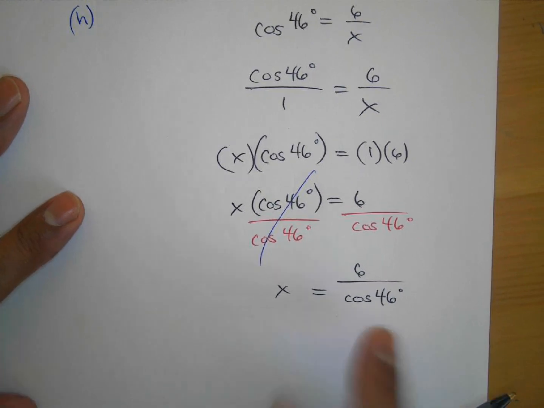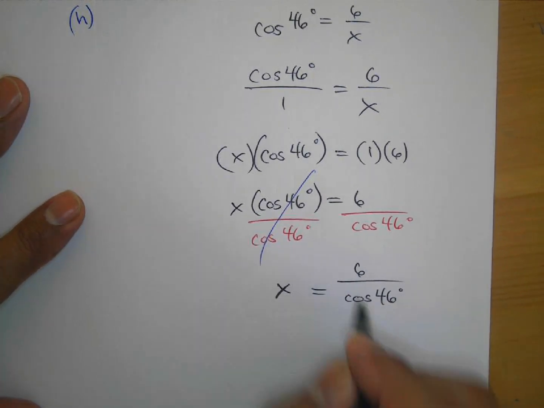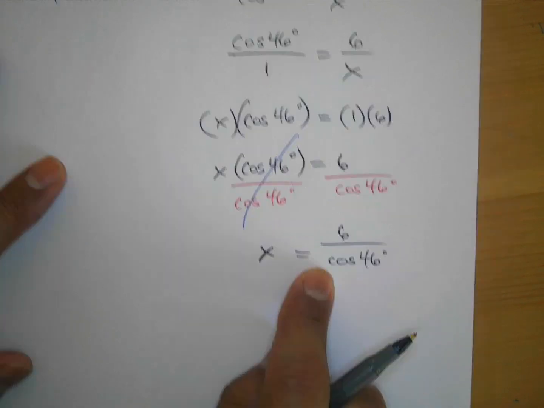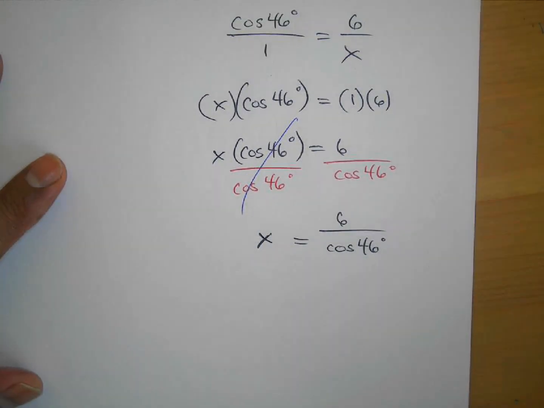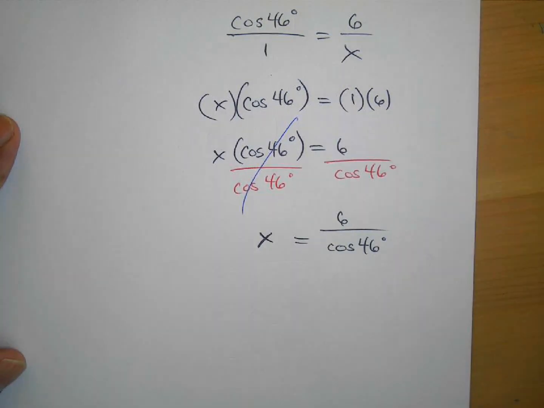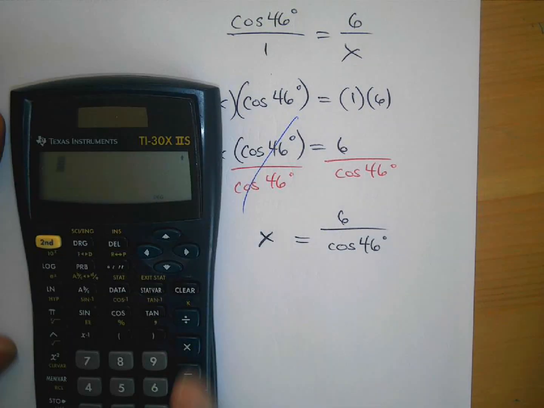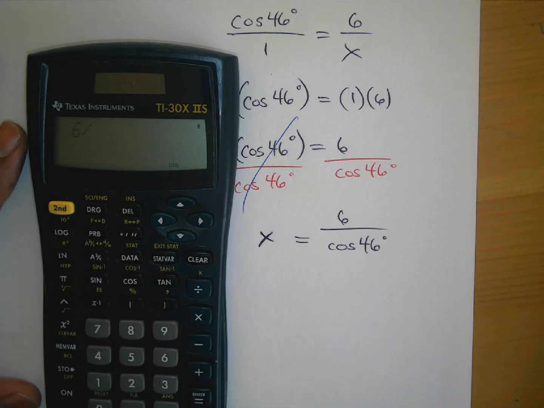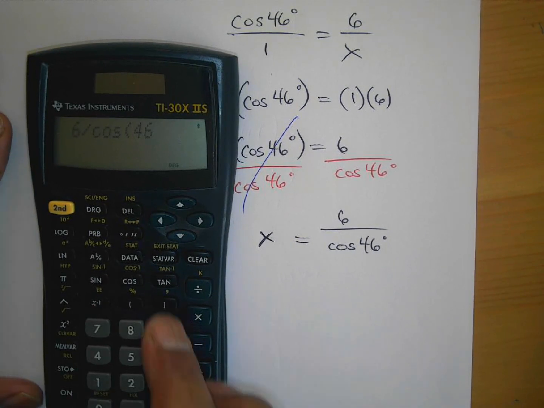And this is what you need to do on the calculator. I would say you try this a couple of times to make sure you're getting that same answer. All right, let's do it here. 6 divided by, and this is the one that you write exactly the way it is there. 6 divided by cosine 46.